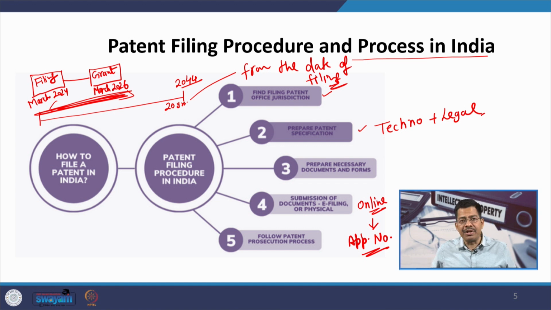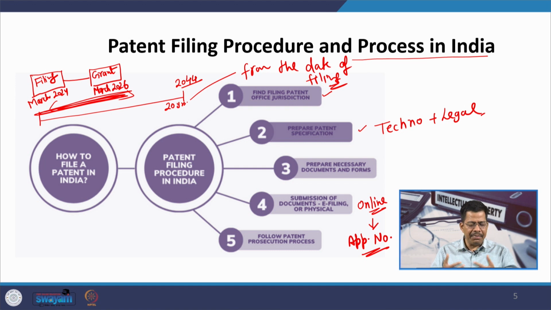It is an obvious question: if all my benefits start just by filing, then what is the significance of granting? The purpose of granting is that you can only take the prosecution benefits when it is granted.